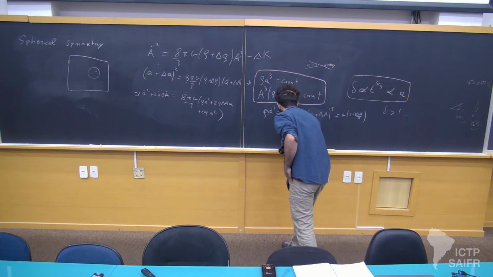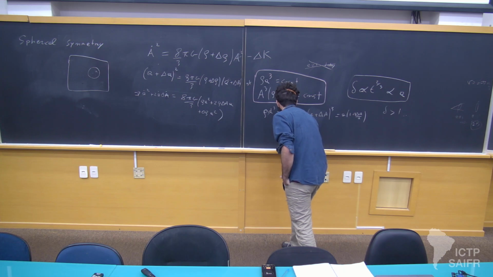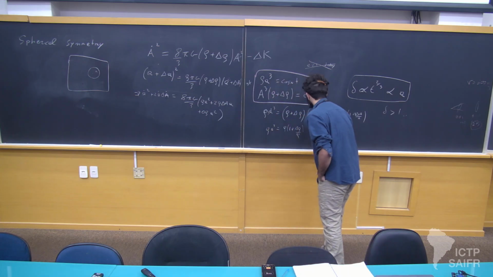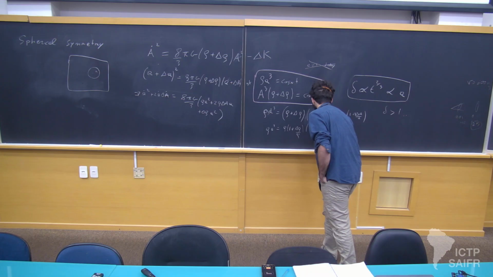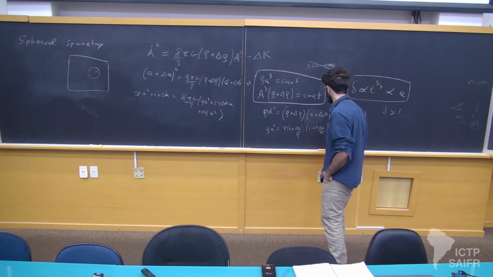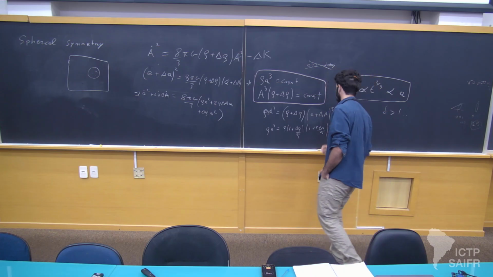And this is going to be just ρ, which multiplies (1 + δρ/ρ), and this is going to be ρ A cubed.